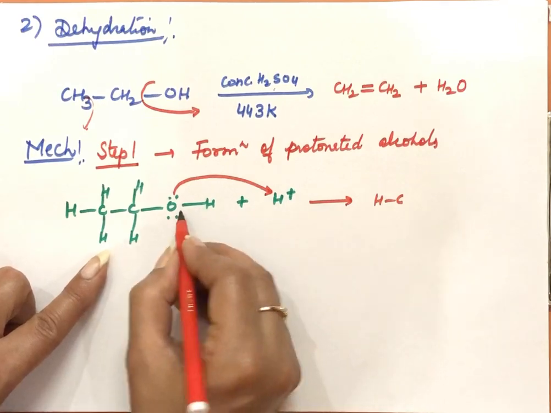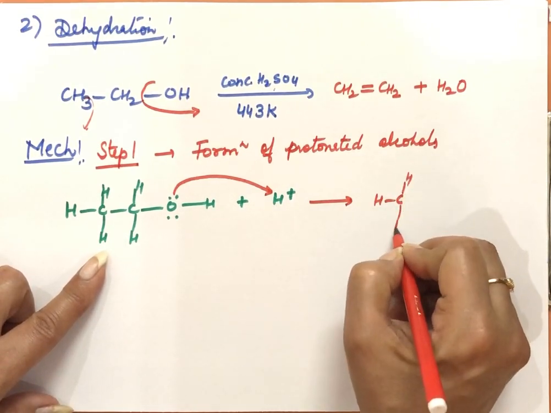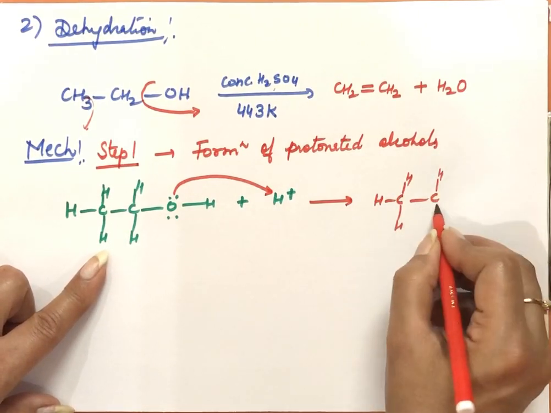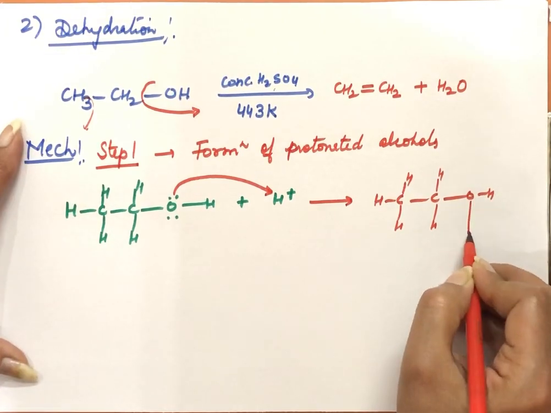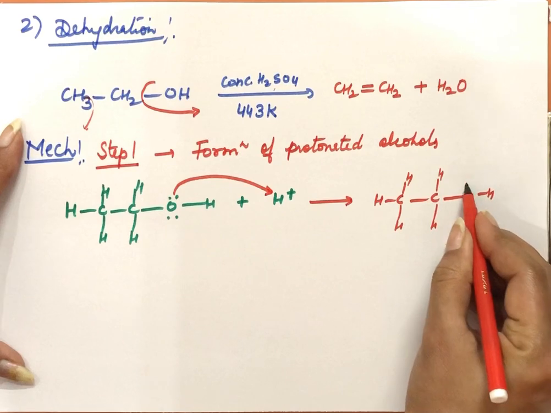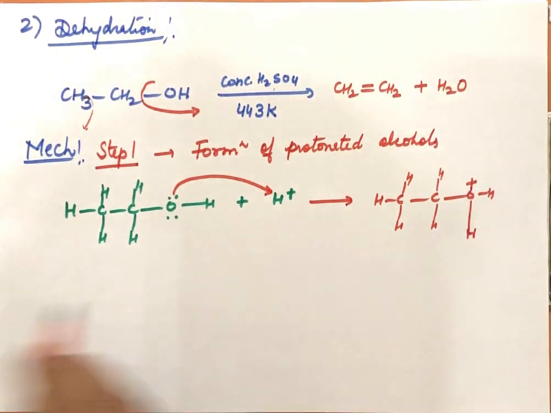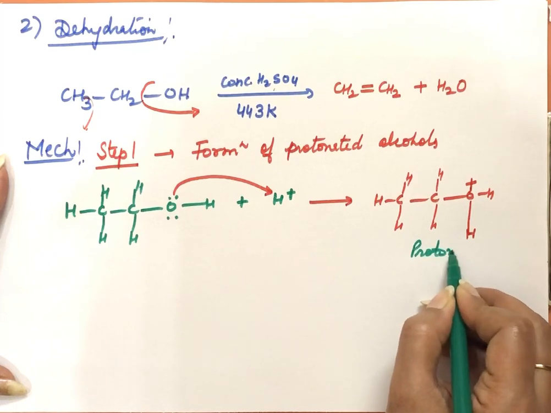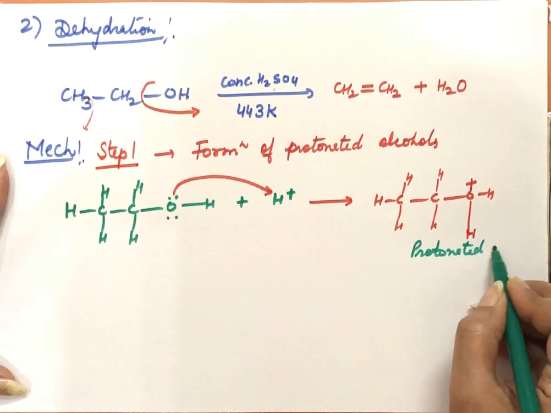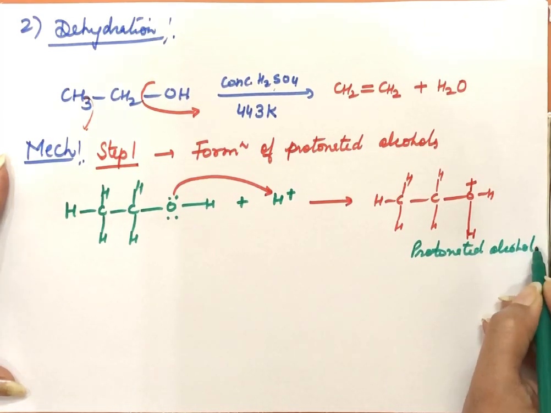This H plus will add up with the oxygen. See, now the lone pair is used by oxygen to combine with this H plus. O has used this lone pair, so positive charge will come here. This one is protonated alcohol. So the first step is H plus will add up to alcohol and we will get protonated alcohol.